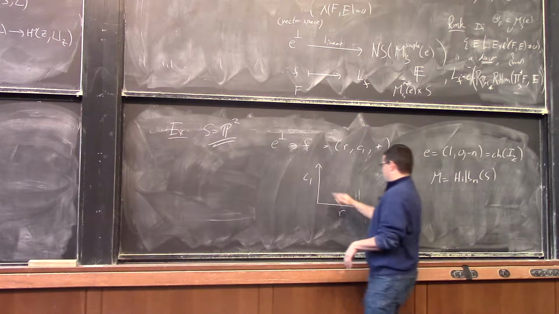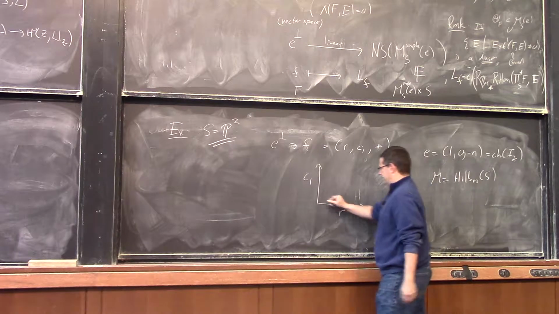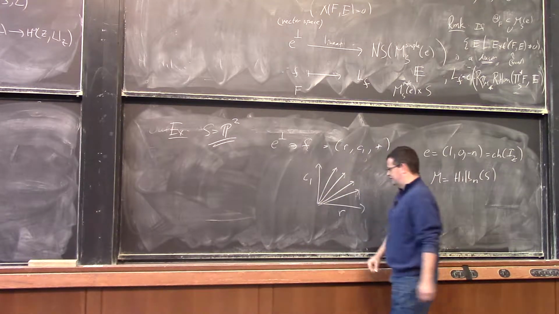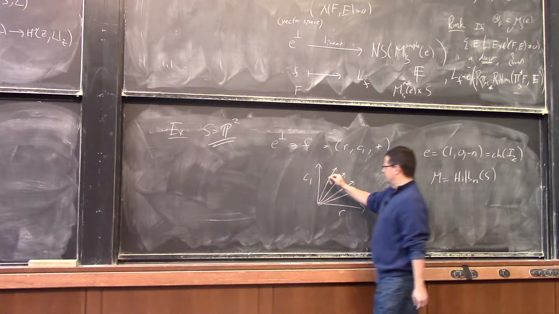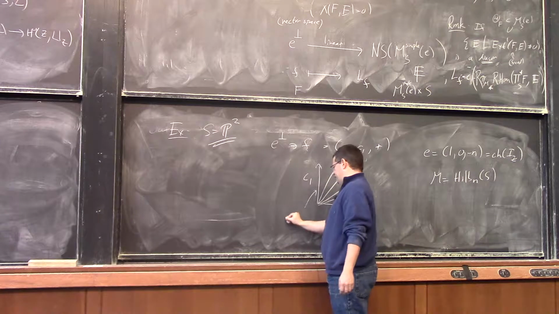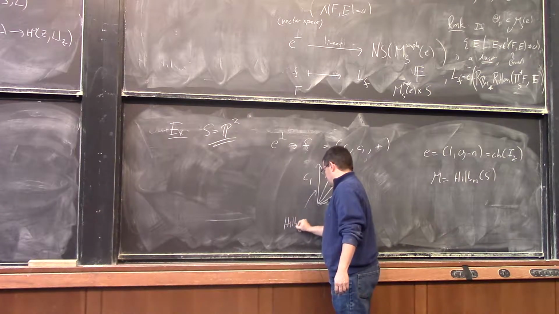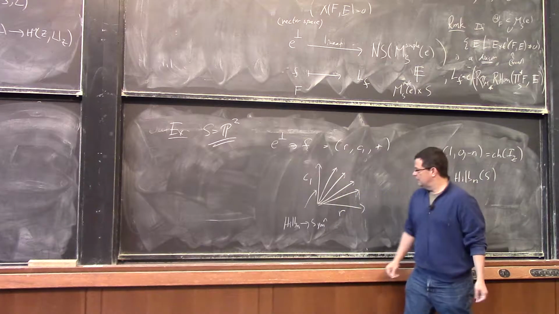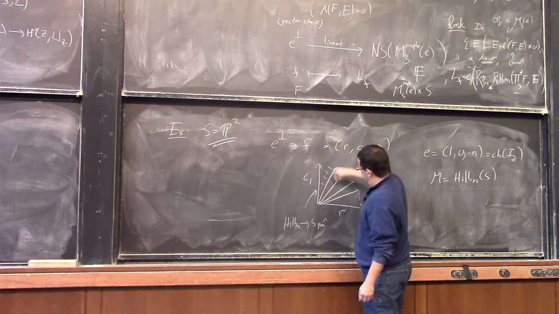And now I have this C1 and this R, and I can start drawing pictures like this. So when R is 0, this ray here corresponds to the map from Hilb n, the Hilbert-Chow morphism, to Sym n. And then there's an ample cone.